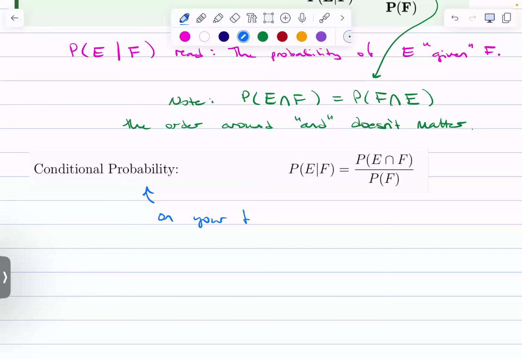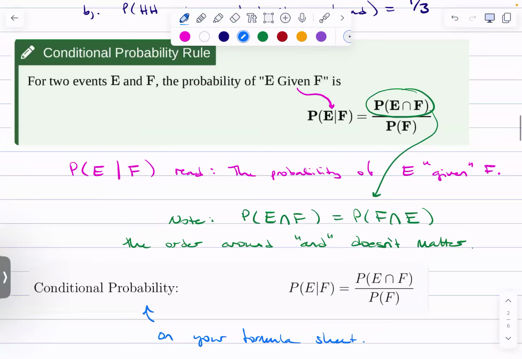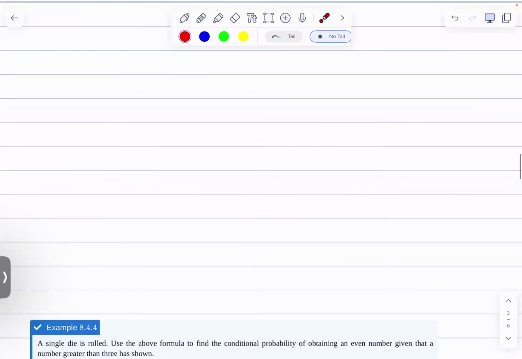The key word that you want to be looking out for is this given, or knowing that blah, blah, blah. Given this, what's the probability of another thing?